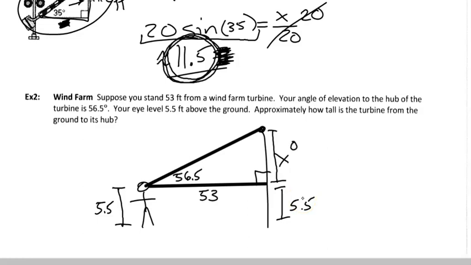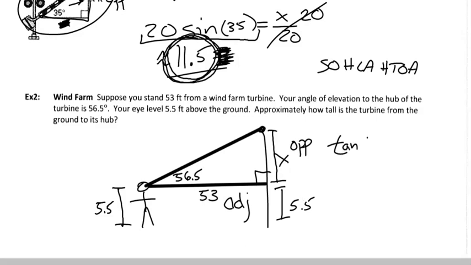So the two sides that we're working with are opposite and hypotenuse, or no, opposite and adjacent. Using SOHCAHTOA, that is going to be tangent. A lot of times these problems use tangent. You probably remember using tangent when you did the rocket day, if you guys did that with Mr. Hines. So tangent of 56.5 degrees equals x over 53, because it is opposite over adjacent.